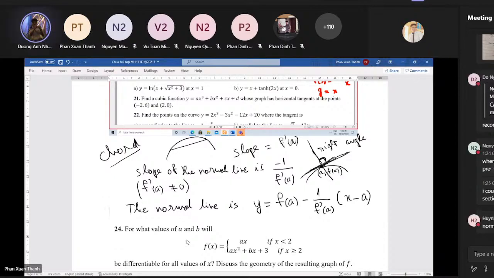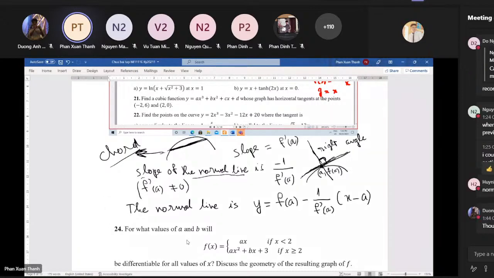Pháp tuyến, okay, normal line. This is the normal line, yes. Okay, this normal line is the line that goes through this point. The line segment connecting two points on the curve, we call the chord, the dây cung. And the normal line means the line that goes through the point and is perpendicular to the tangent line. Okay.